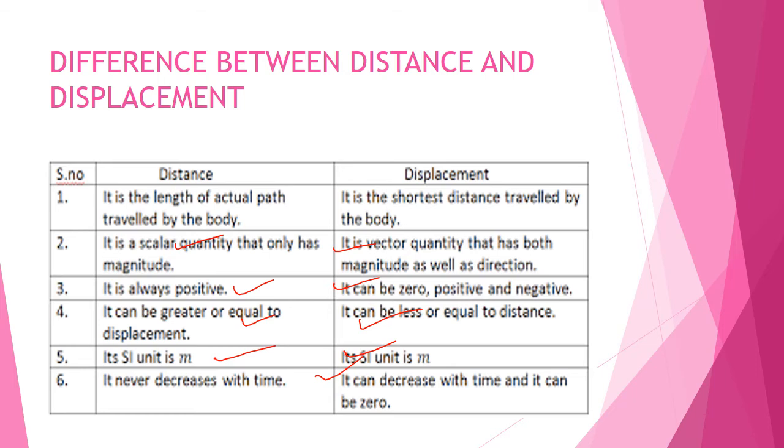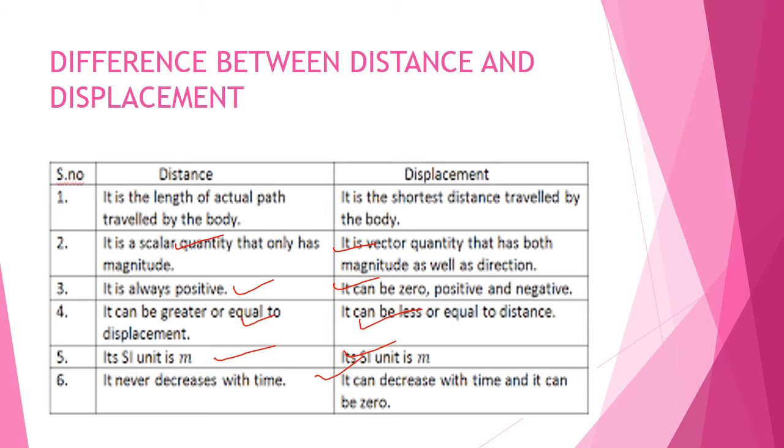Okay. Then distance will always be greater than or equal to displacement. We know that if it is the shortest distance it will be equal, and in other cases, displacement is always taking the shortest or the least path. So distance is always greater than or equal to displacement, and displacement is less than or equal to distance.